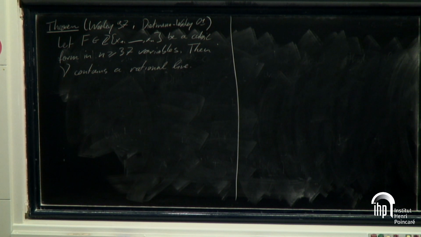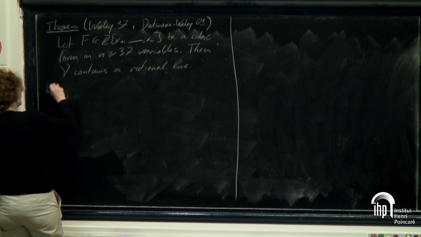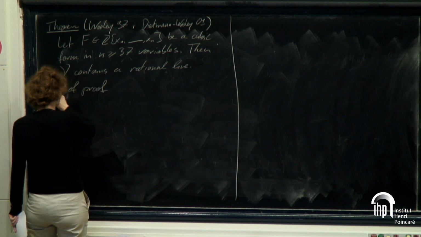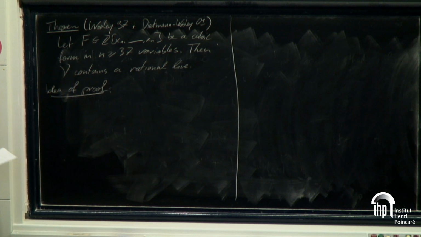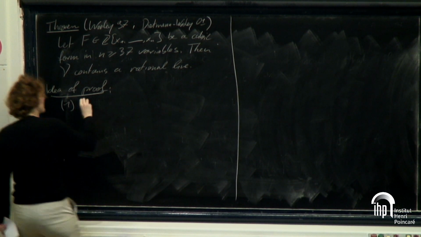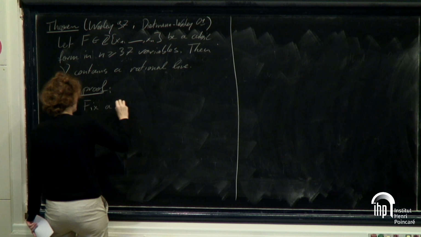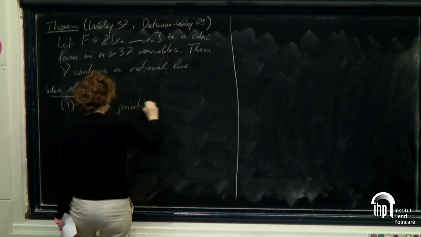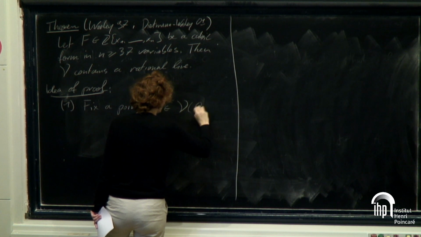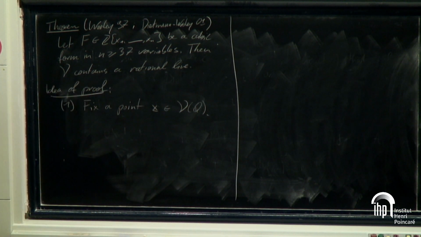And the idea of the proof: first step is you find one point, which we can do because we have more than 14 variables.